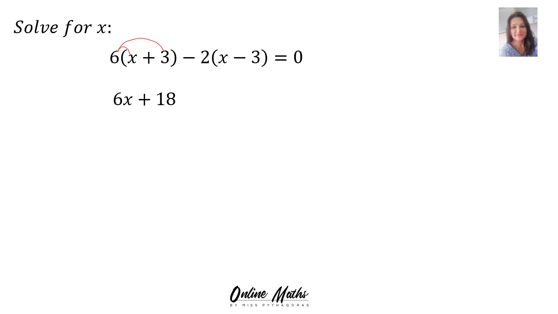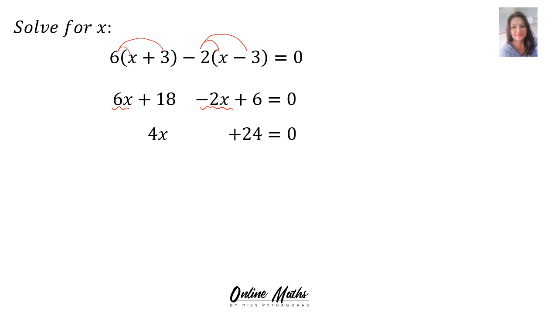And then to get rid of the bracket here, you will say negative 2 times x and negative 2 times negative 3, and it becomes minus 2x plus 6 equals 0. Then you add your like terms. 6x minus 2x is 4x, and then the constant terms, that's the numbers, plus 18 plus 6 is plus 24.